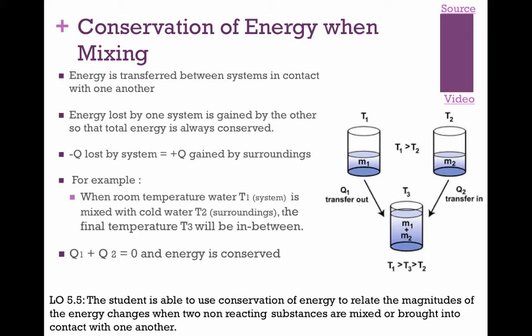Q1 plus Q2 equals 0 because energy is always conserved. So if you have a solid plus the water, Q of the solid plus Q of the water equals 0. So even if you're not sure which is exo and endo, you can do it this way. It's always going to add up to equal 0. And that's going to help you determine your heat.